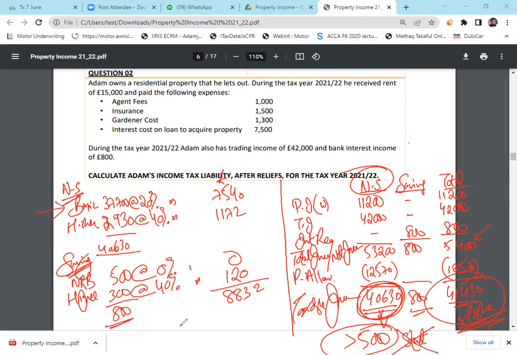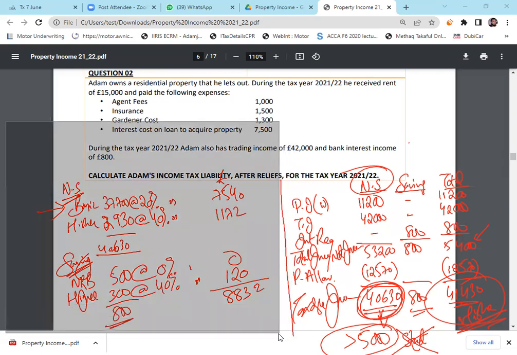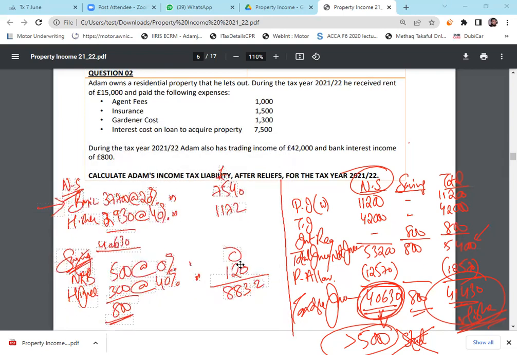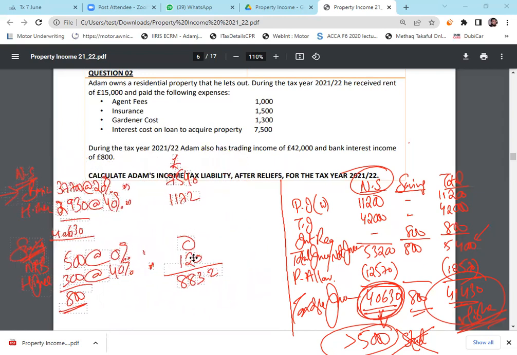Earlier, when we started studying this topic, this was called income tax liability, right or wrong? But now we learned interest on loan which we paid in order to acquire property.